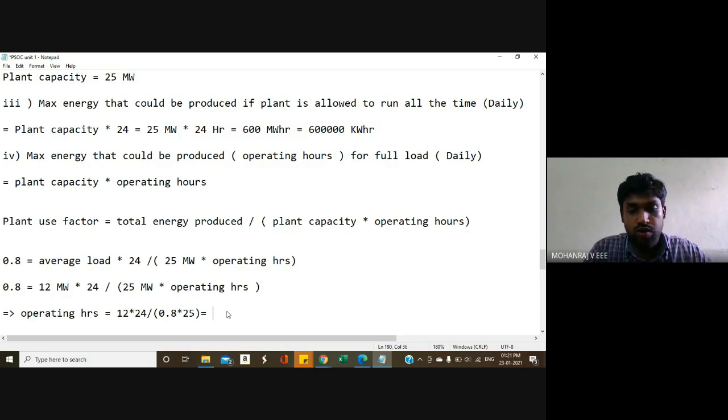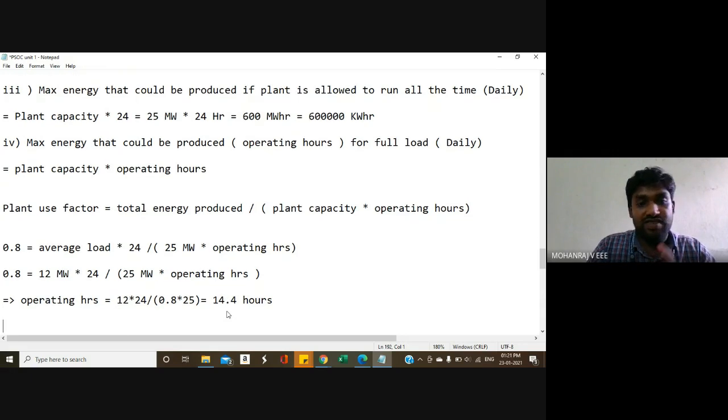That is equal to 14.4 hours. So my operating hours is 14.4 hours.